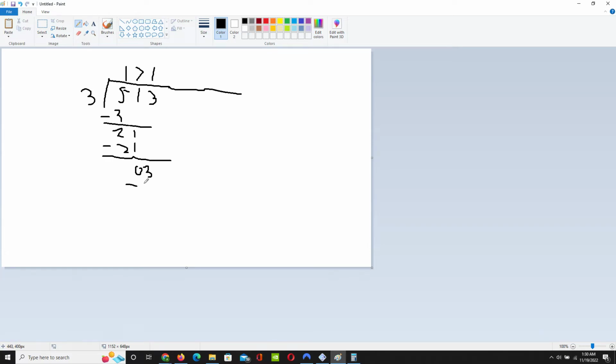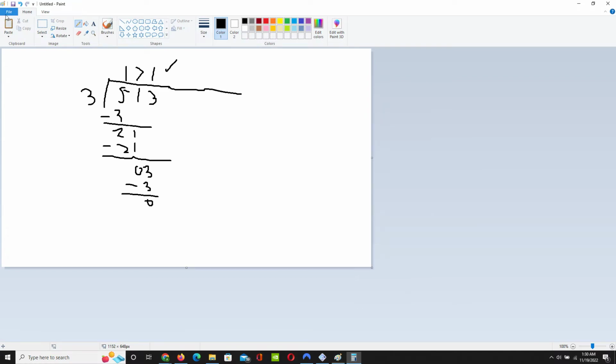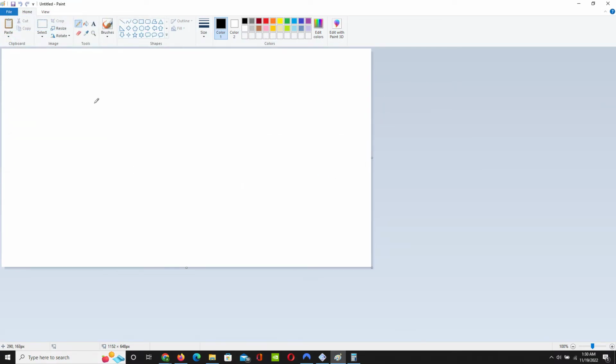And coincidentally, it is a whole number that we get here, not a decimal. I didn't plan this, but that's just what it was. 513 divided by 3 should give us 171, so perfect. Yep. Okay, I just want to do one where it doesn't give you a whole number, just so you can see.